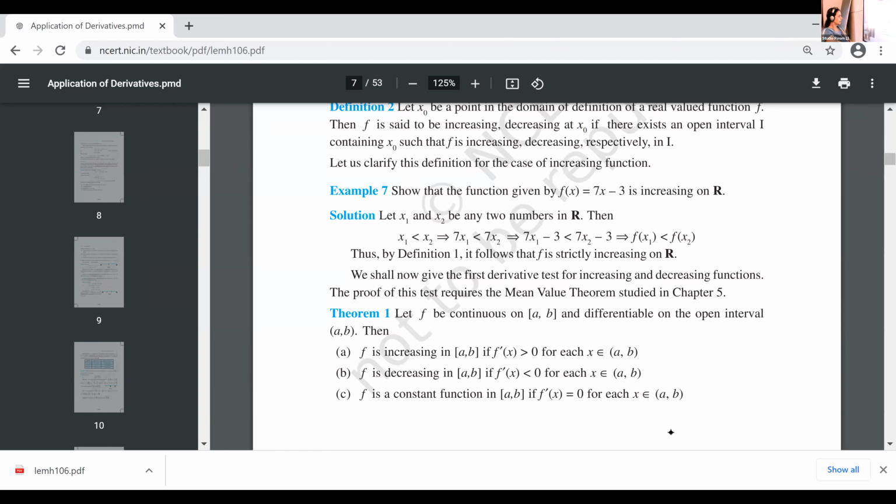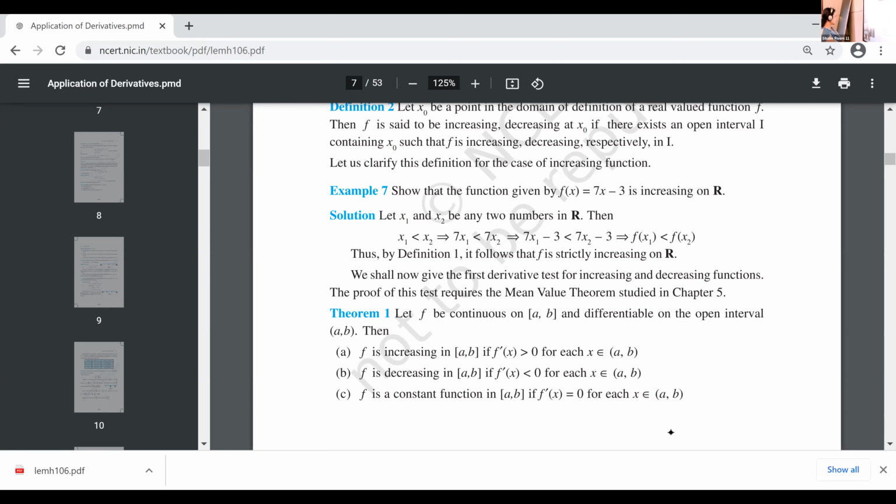Let F be continuous on closed AB and differentiable on open AB.